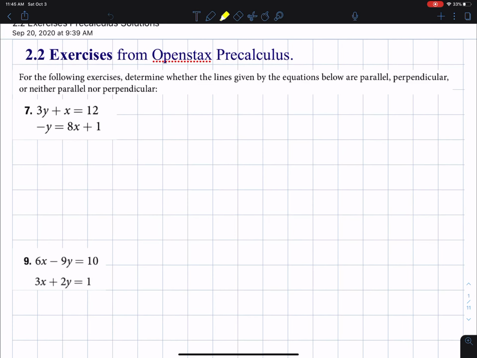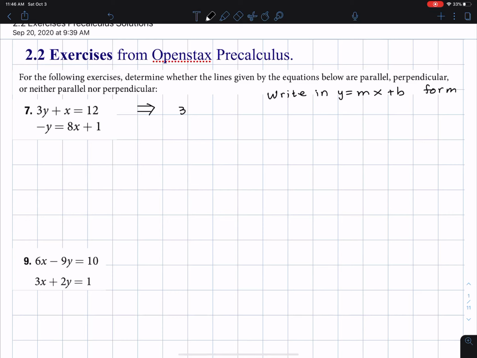So for the first problem here, I need to find the slope. One way is to put this in y equals mx plus b form, where m is the slope, and that should answer a lot of questions.